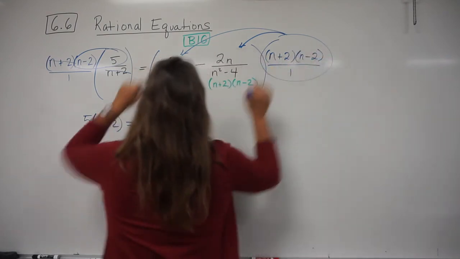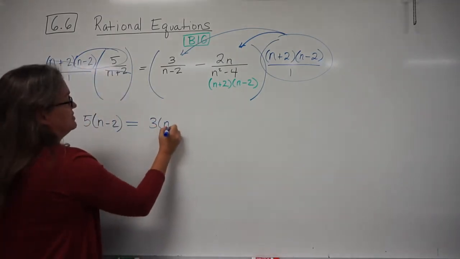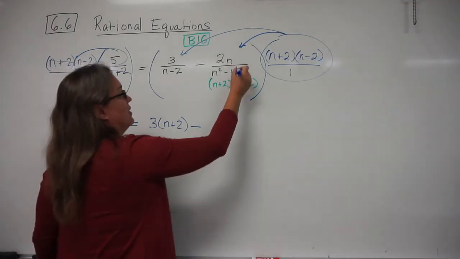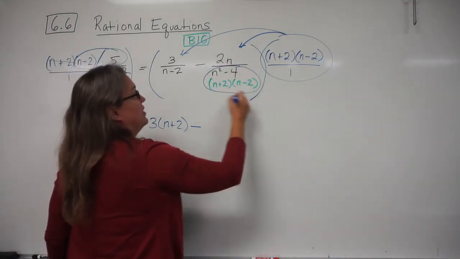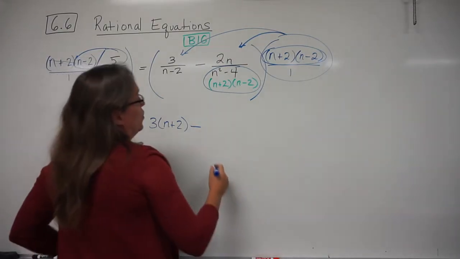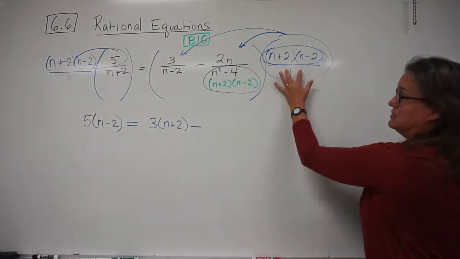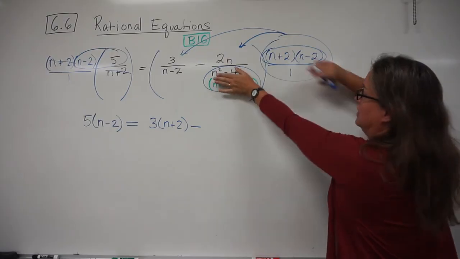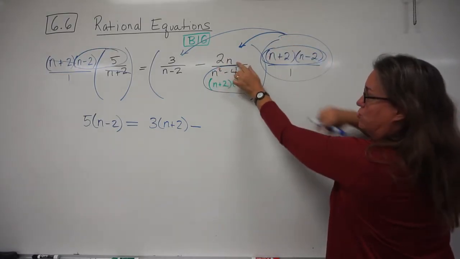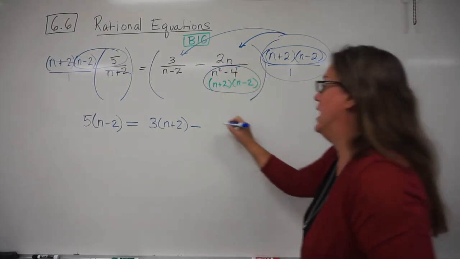So we have 3 times n plus 2 minus, now here, this entire denominator is actually the same as our LCD. When I multiply the LCD times this fraction, the entire denominator cancels out, and I'm left with just the 2n on the top.